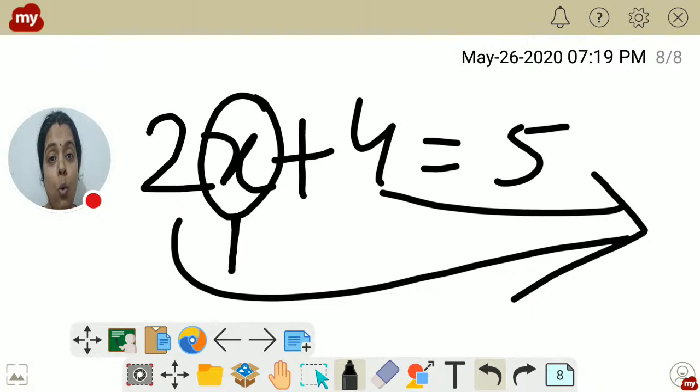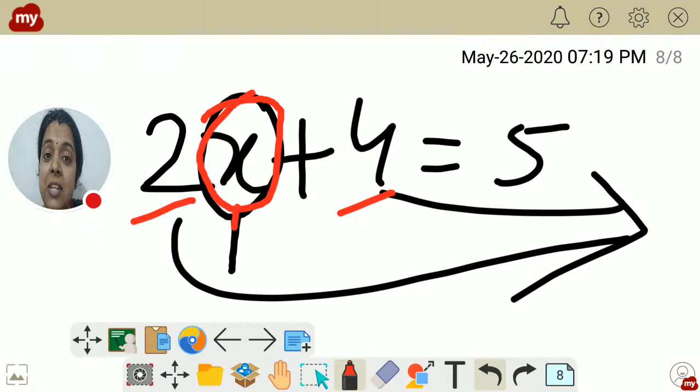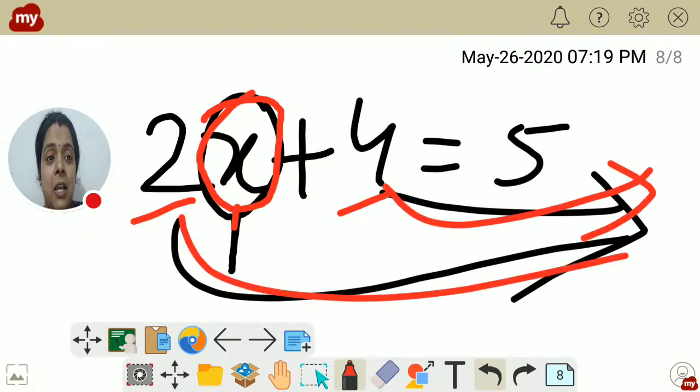Got it? If I want to find the value of x, whatever is extra, we just throw it out. The same applies here. What is extra here? It is the 2 and the 4. Whatever is extra, I have to shift to the other side, because it is not a waste, so I cannot throw it in the dustbin.